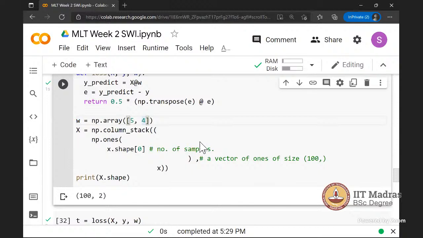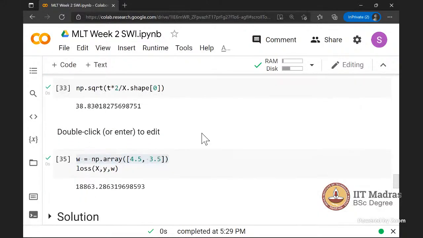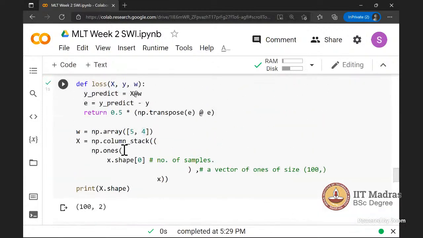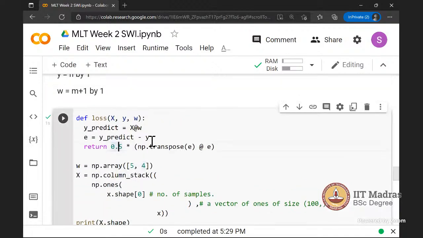Sir, in the root mean square formula computation, why did we add the 2? We multiplied by 2 because earlier, when we computed the sum of squared error, we multiplied by half.